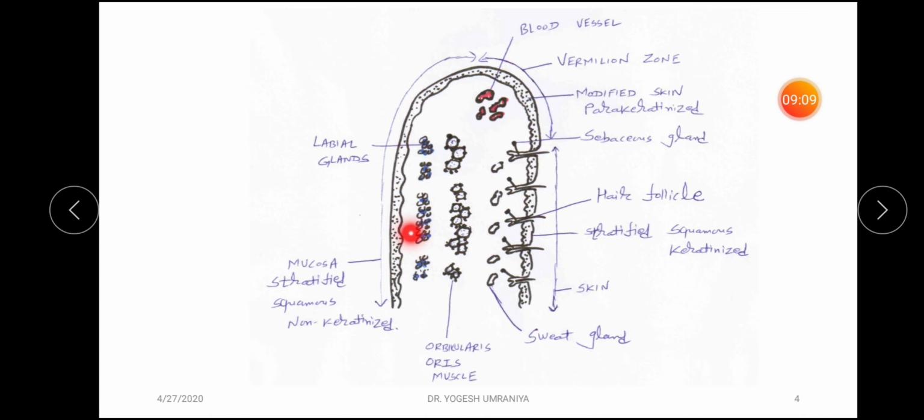This heightened dermal papillae is also known as the rete ridge system. Under this epithelium you will find glands, termed the labial glands.